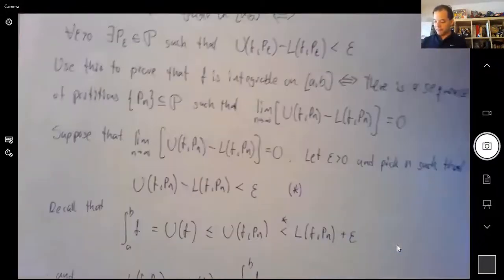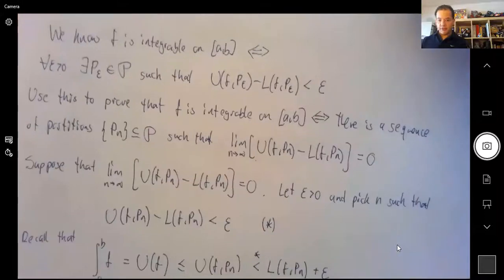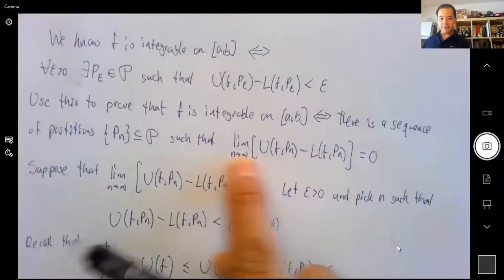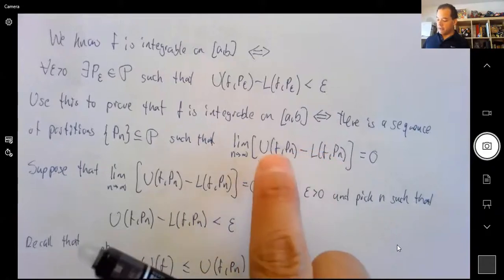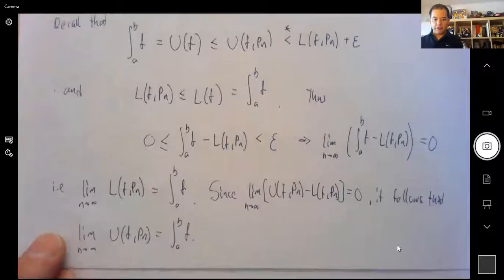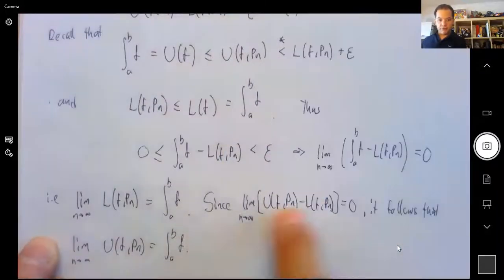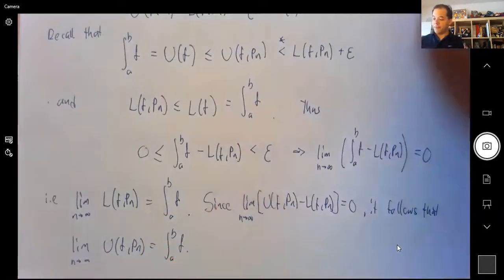What is it that we proved about this? That when you have a sequence where the difference approaches 0, the limit of the U's is the integral, and the limit of the L's is also the integral, either of the two. So that's a property I'm going to use here.